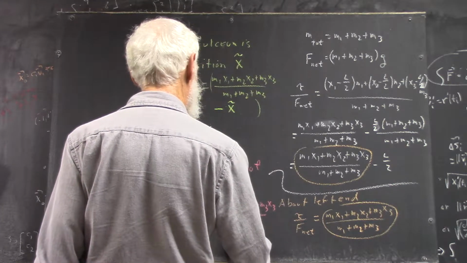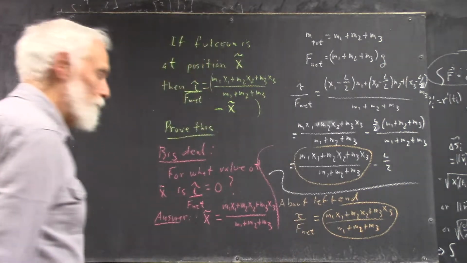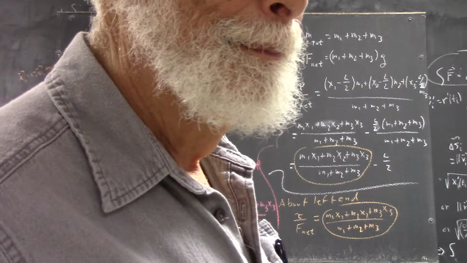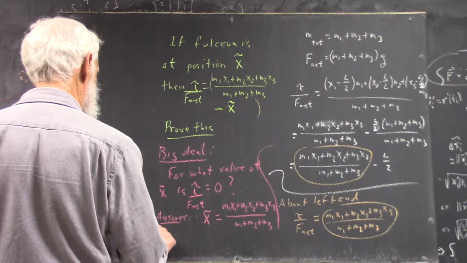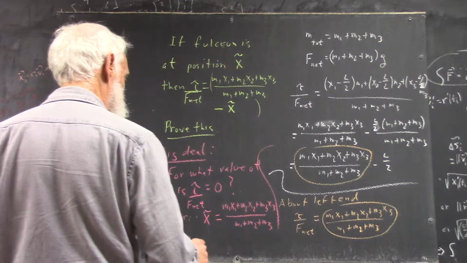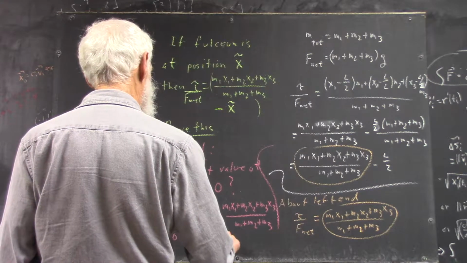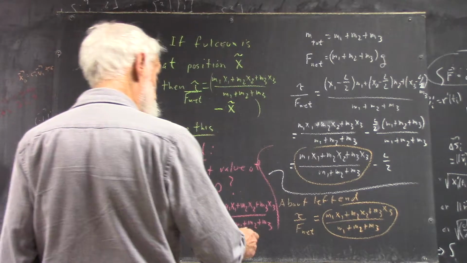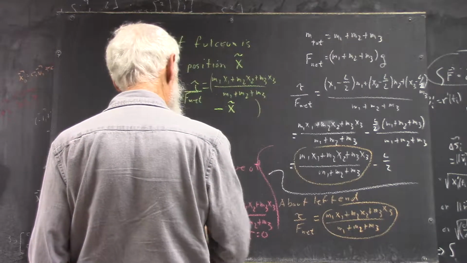Well, F net isn't 0, so this means the torque is also 0, right? Okay, F net's not 0, so for this x tilde, the torque is 0.